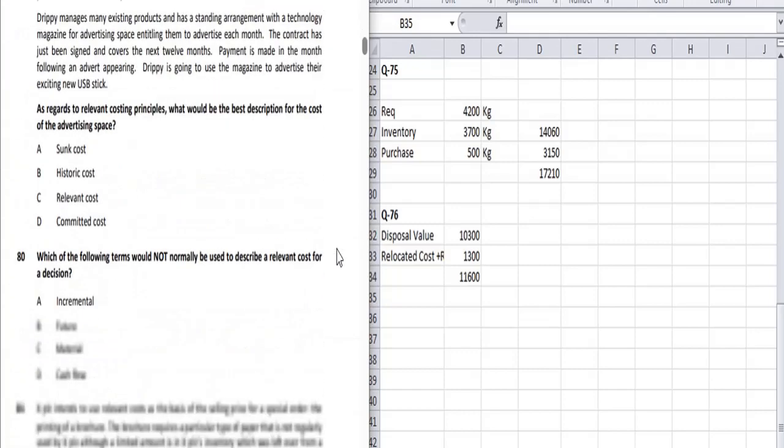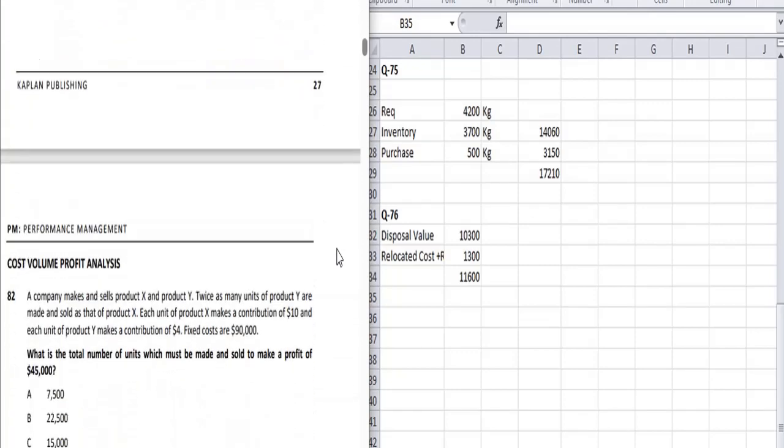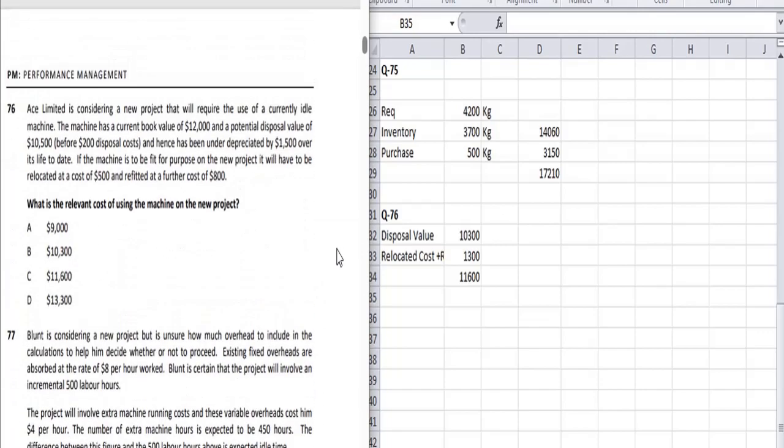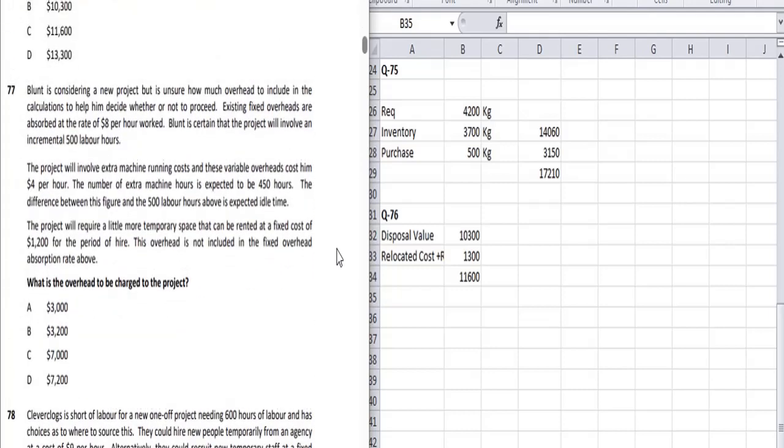How many questions are remaining? It's 8, still 5. Next question: what is the overhead to be charged to the project? Blunt is considering a new project but is unsure how much overhead to include in the calculation.